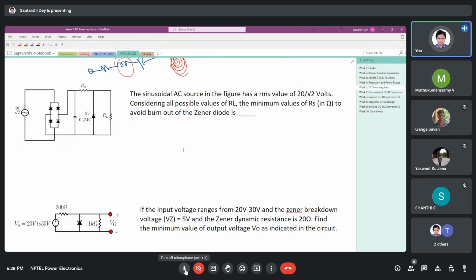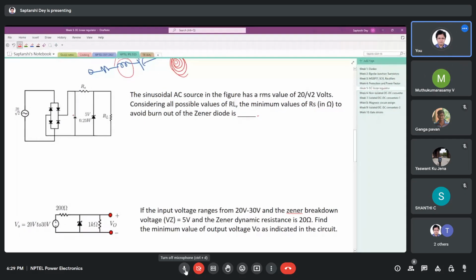All right, look at the first question. The sinusoidal AC source in the figure has an RMS value of 20 by root 2 volts. Considering all possible values of RL, the load resistance, the minimum value of RS to avoid burnout of the Zener diode is how much? See here also once again, nothing is mentioned about the capacitor, right?